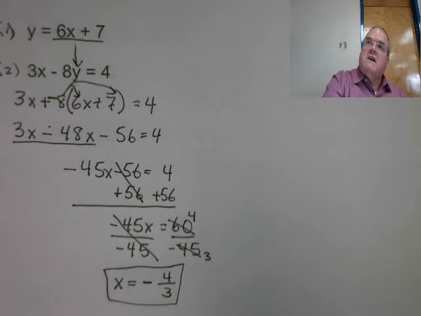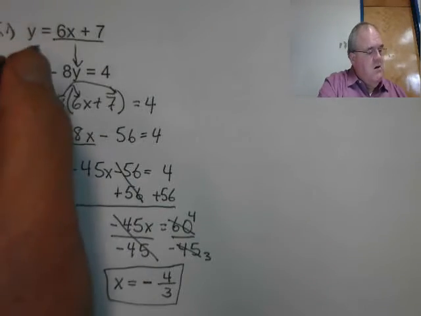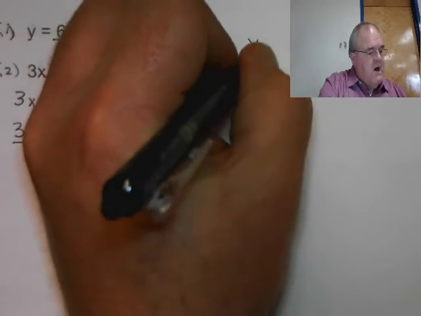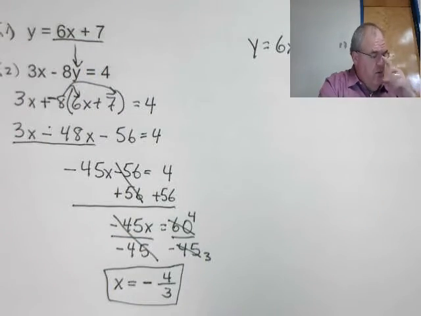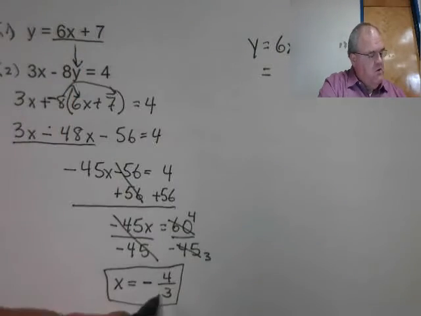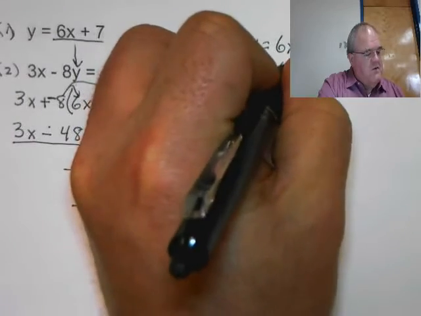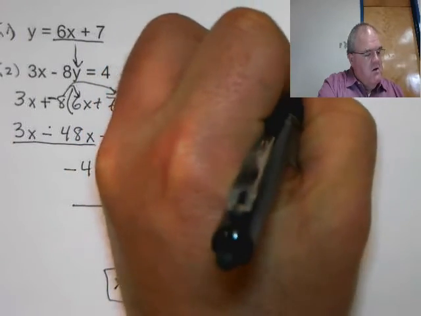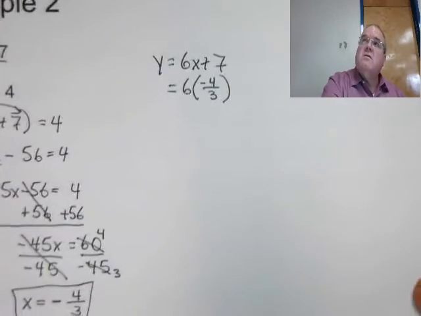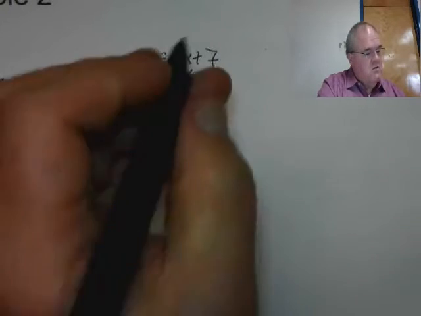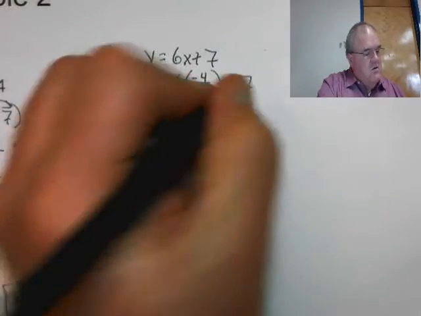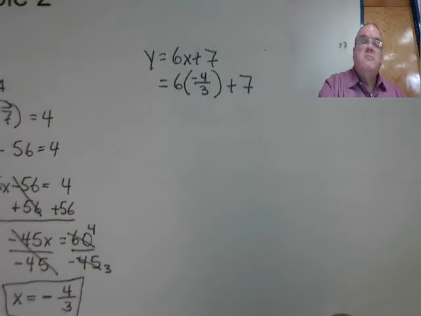So to get y, I'm going to come back to my y equals 6x plus 7, and substitute negative 4/3 in for x. So I'm going to have 6 times negative 4/3 plus 7.